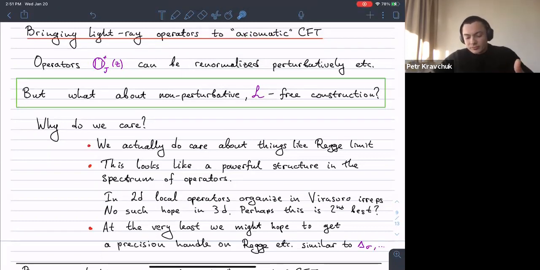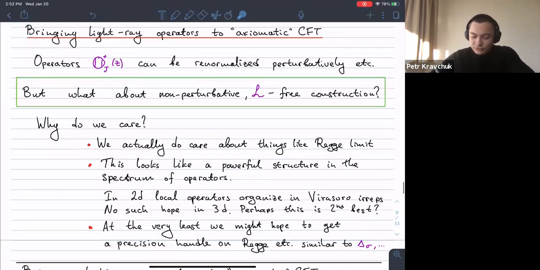So having some Regge trajectories which connect the operators amounts to some interesting structure in this space, and it's important to understand it. For example, in 2D, we have very thorough symmetry which organizes our primary operators, but there's no such thing in 3 dimensions, and perhaps these Regge trajectories could be the second best option for any kind of organization of the spectrum.